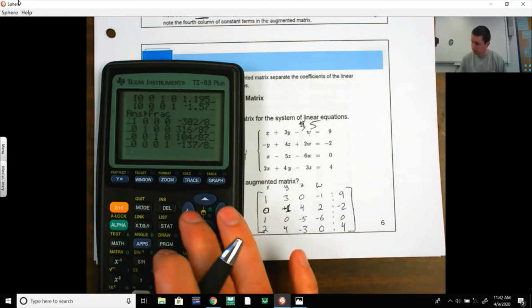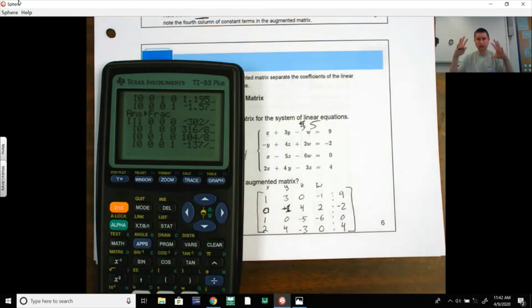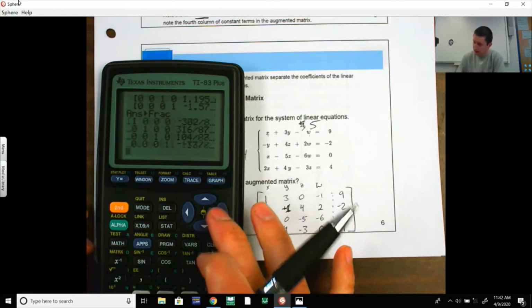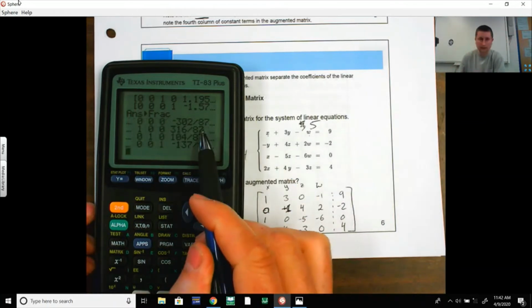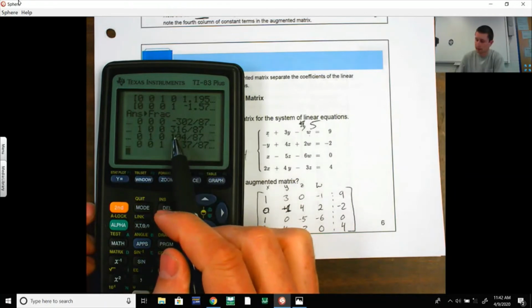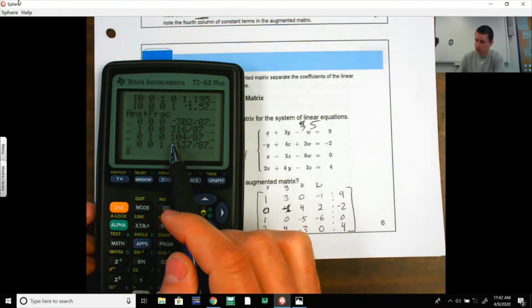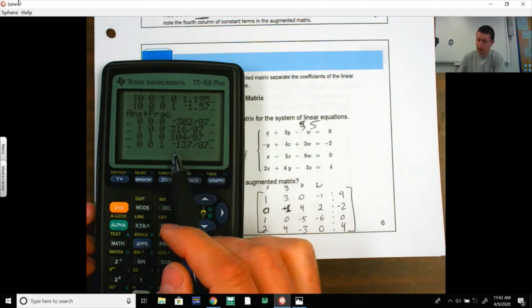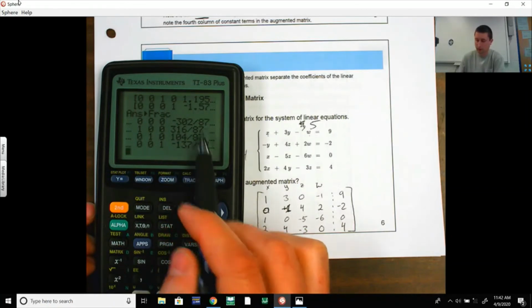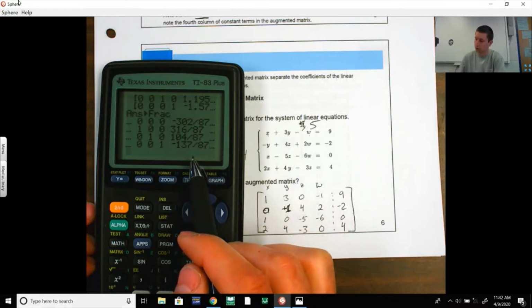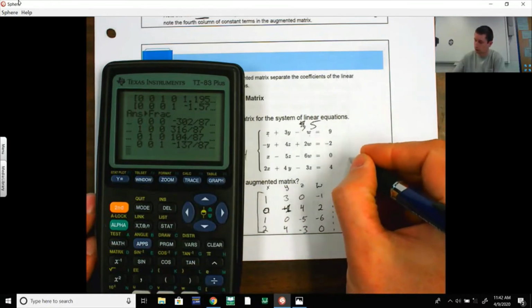So what this means is where these four planes, these four surfaces intersect, what they have in common, x has to be negative 302 over 87. Y has to be 316 over 87. Z has to be 104 over 87. W has to be negative 137 over 87. Those are your four solutions. Those you can write as what they call an ordered quadruple.